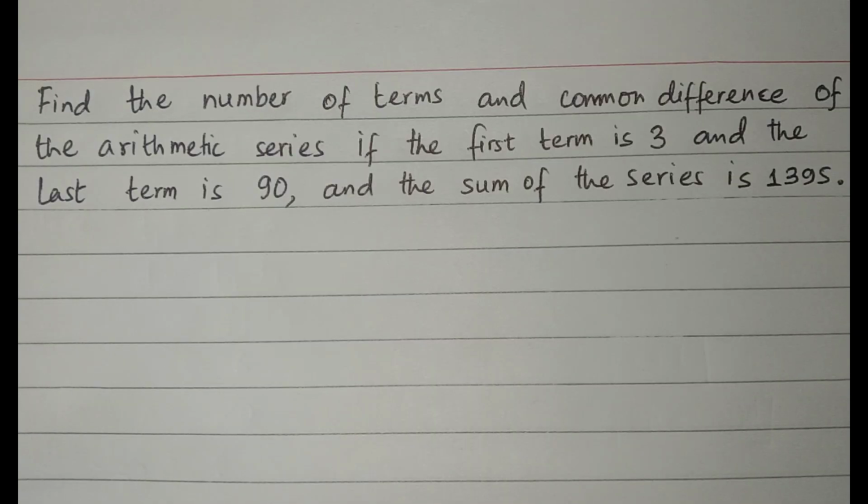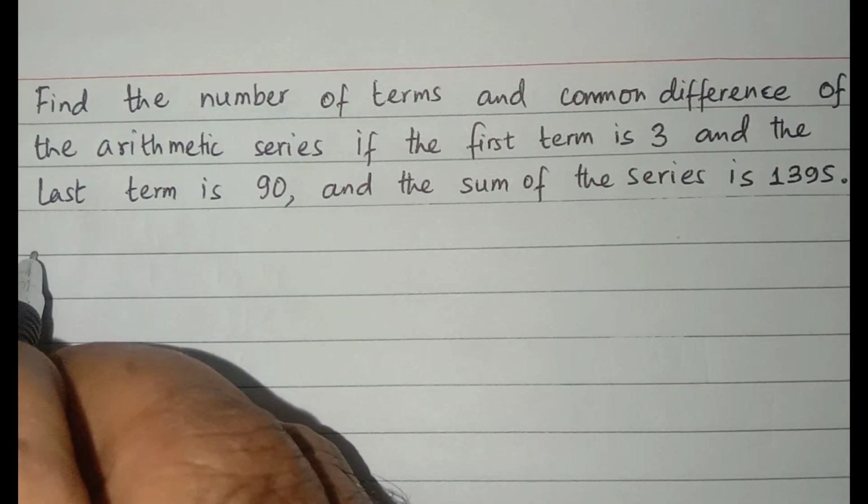Now we are going to take the third question in this video. The question is, find the number of terms and common difference of the arithmetic series if the first term is 3 and the last term is 90 and the sum of the series is 1395.